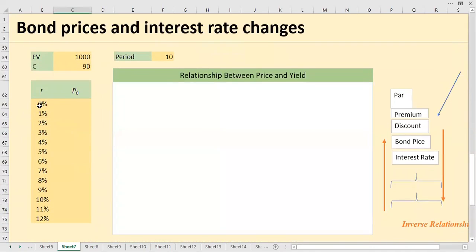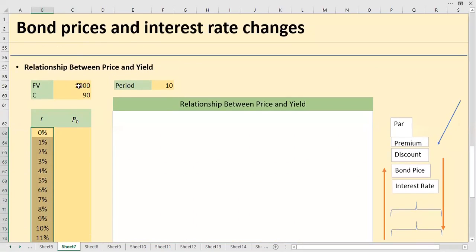What I have done here is I have just arbitrarily identified these R values, required rate of return values, going from 0 to 12: 0, 1, 2, 3, 4, 5, 6, 7, 8, 9, 10, 11, and 12. So these are just arbitrary values.